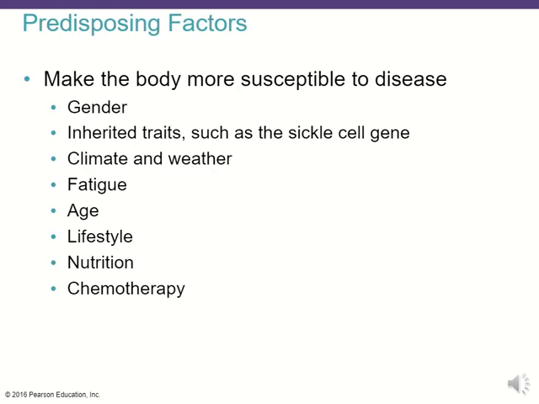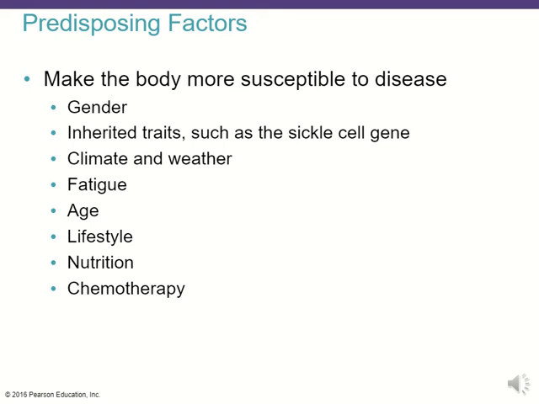There are things called predisposing factors. They make the body more susceptible to a disease. Sometimes it may be based on one's gender, if they're more susceptible to one disease versus another. Sometimes it could involve inherited traits, which includes diseases like sickle cell anemia from the sickle cell gene.